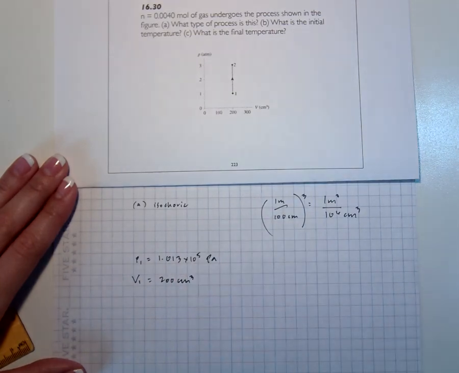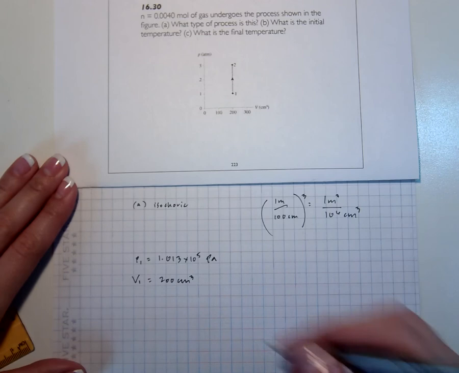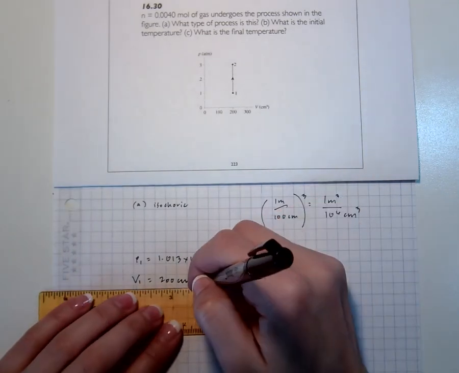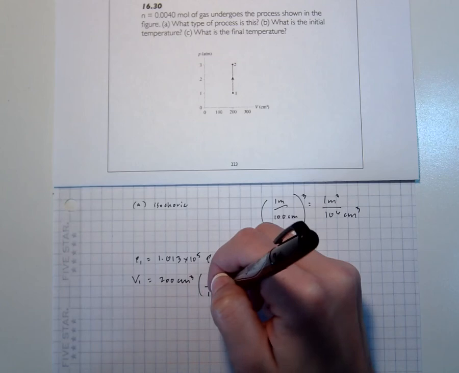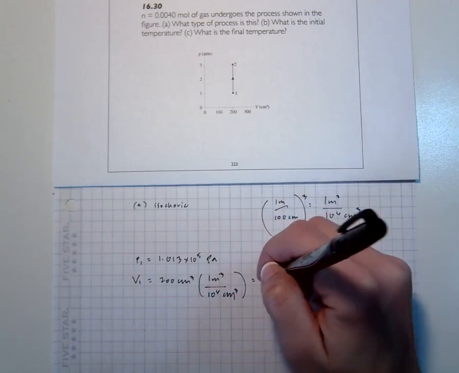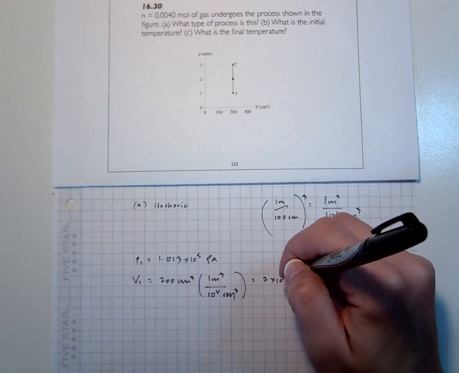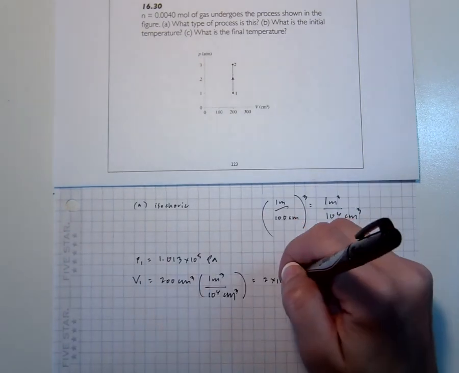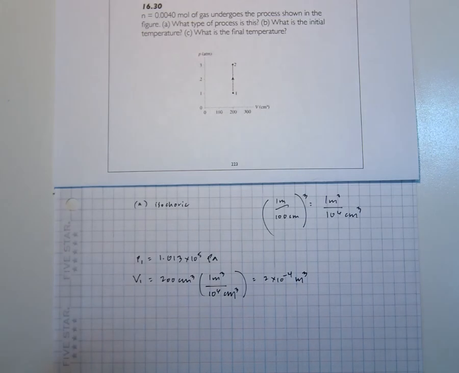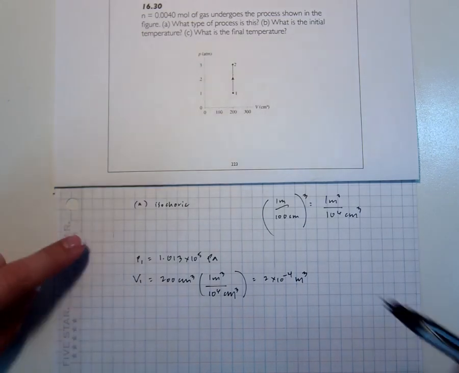And using our conversion, 1 cubic meter over 10 to the 6th cubic centimeters, we get 2 times 10 to the minus 4 cubic meters.